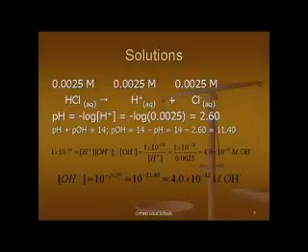The OH- then would be equal to 1 times 10 to the negative 14th divided by the H+ concentration. So 1 times 10 to the negative 14th divided by 0.0025 gives us a concentration of hydroxide ion of 4.0 times 10 to the negative 12th moles per liter.